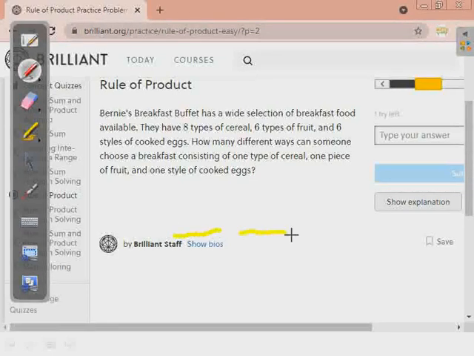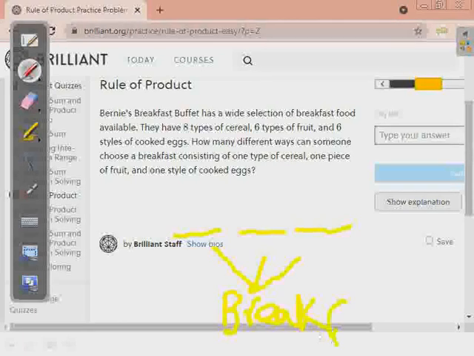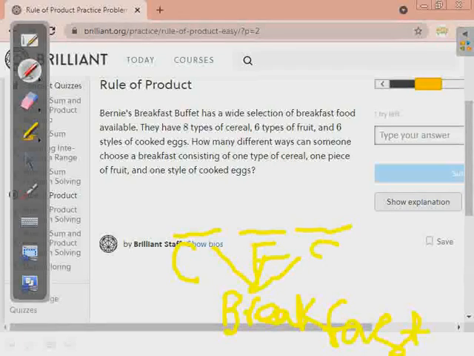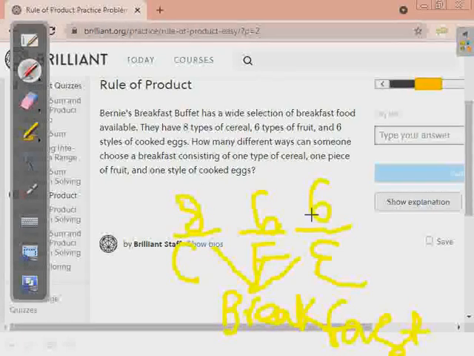So the breakfast consists of 3 blanks, and when we fill these 3 blanks, we will get a complete breakfast. First blank will be filled by a cereal, second by a fruit, and third by egg. So we have 8 ways to fill the first blank, 6 ways to fill the second blank, and 6 ways to fill the third blank.